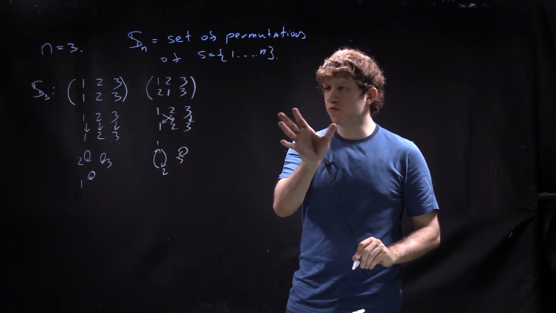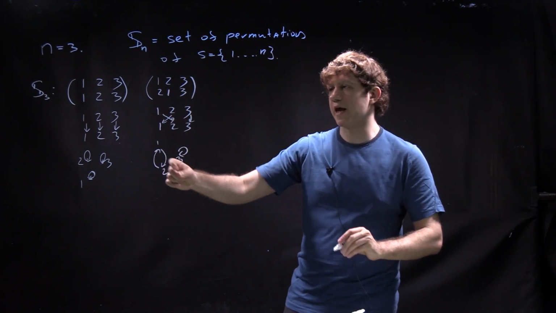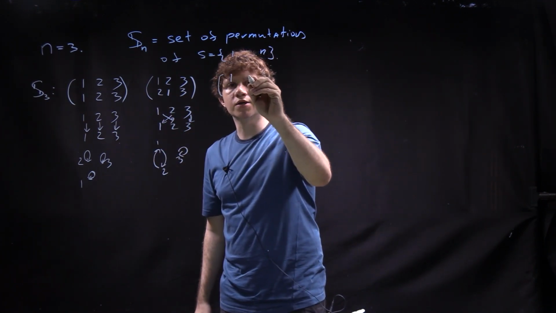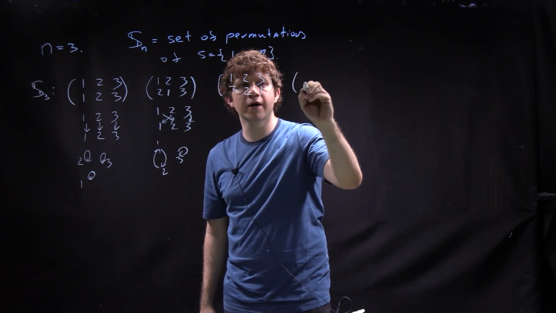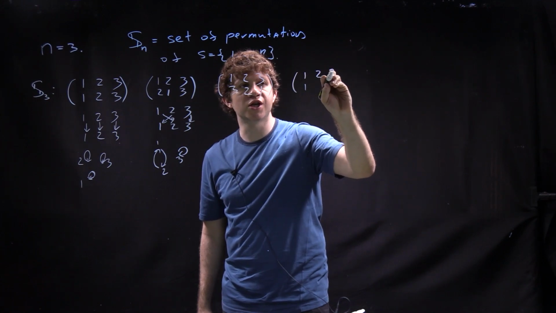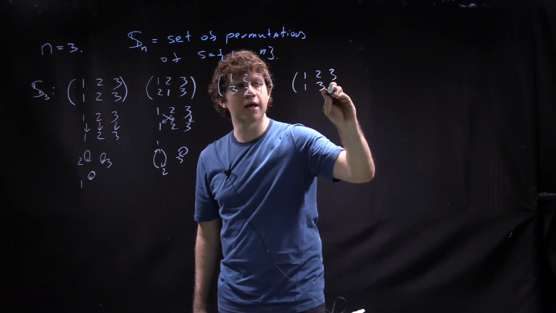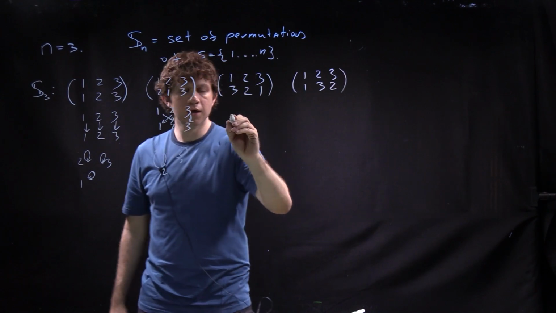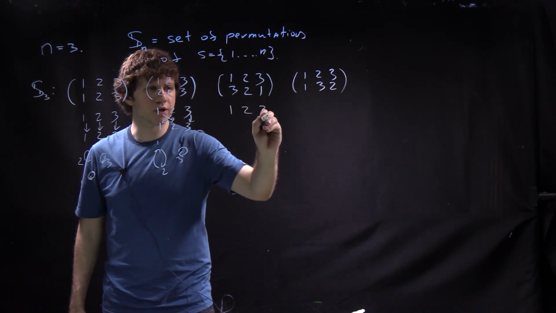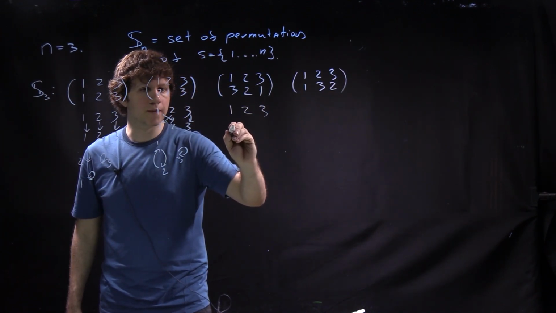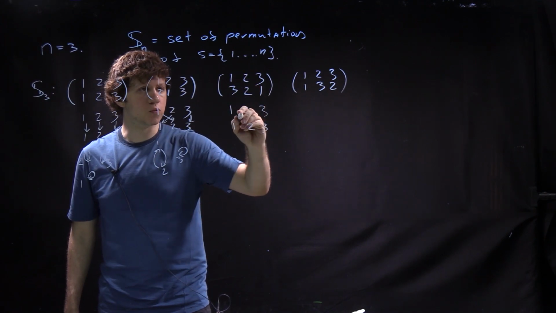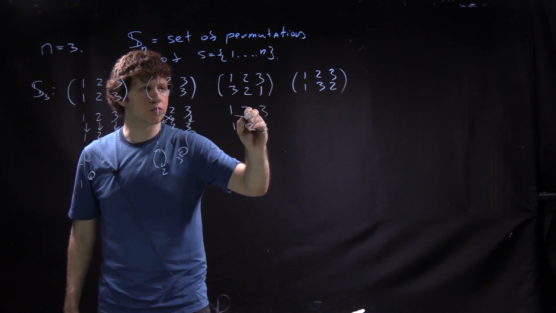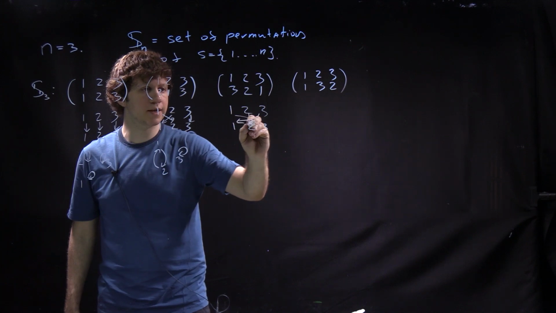So then there are 2 other permutations which look roughly the same. They exchange 2 other elements. For instance, I can exchange 3 and 1 and leave 2, or I can exchange 2 and 3 and leave 1. So that will look like 1, 2, 3, and 1 goes to 3, 2 goes to 2, 3 goes to 1.